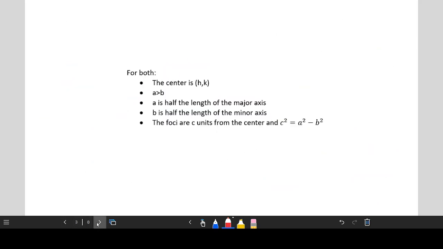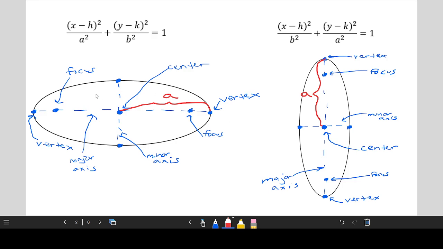And then that value b is half the length of the minor axis. The minor axis is the one that goes through the center in the short direction, so this value here is b, and this value here is b as well.